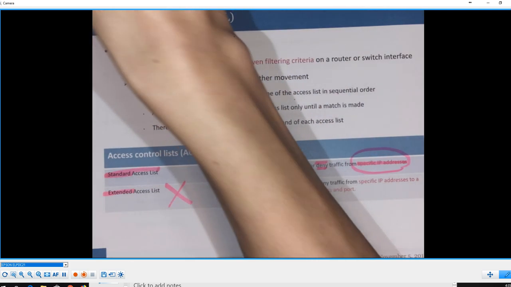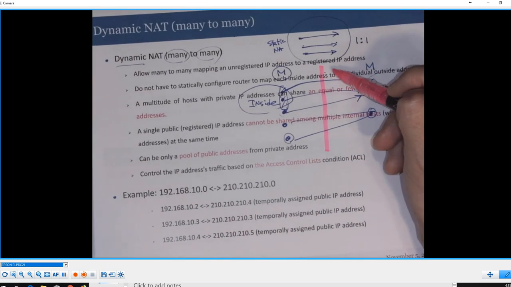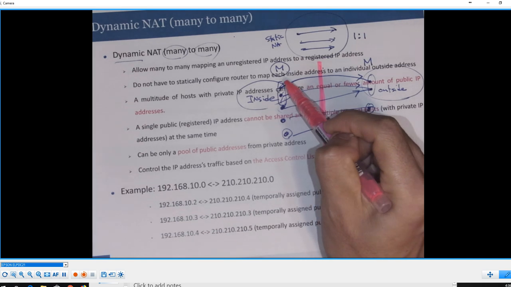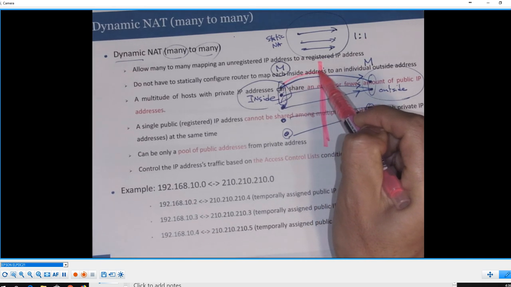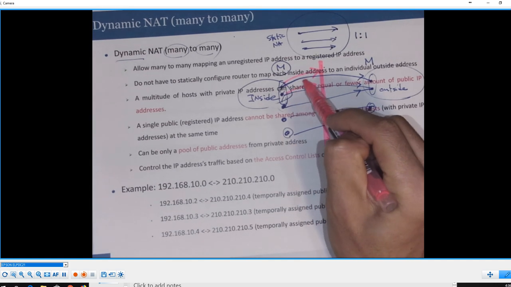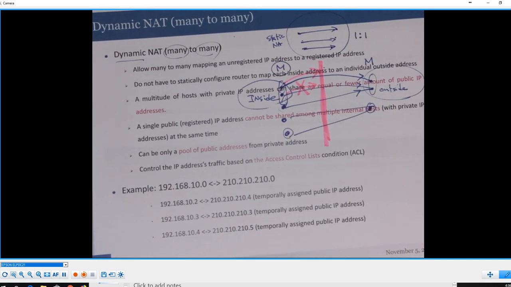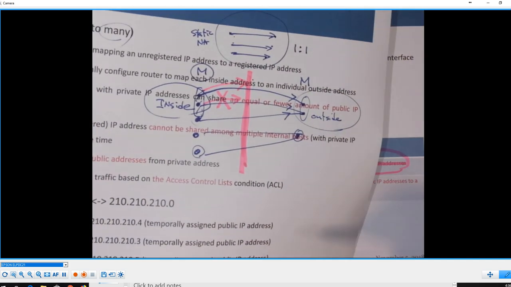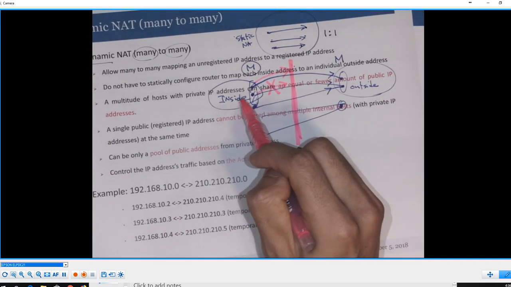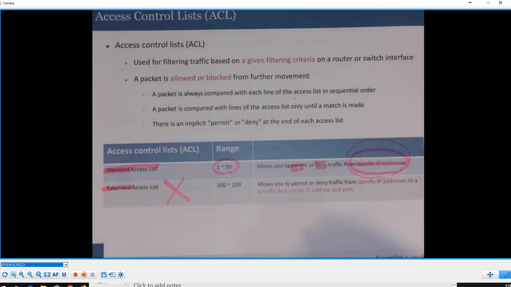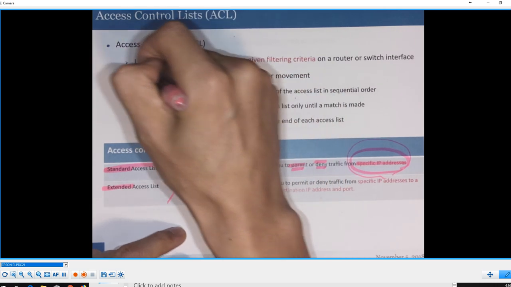So for example, by applying the access control list, you can allow, or you can deny. Okay, that's the concept of access control list. It depends on the source IP address, the specific IP addresses. So that's the idea of the access control list.